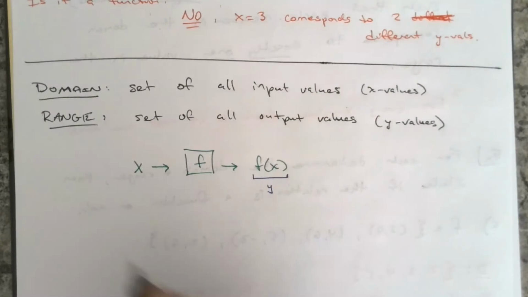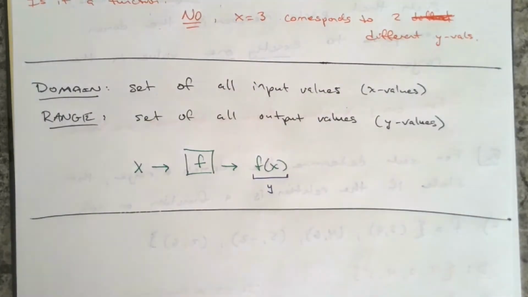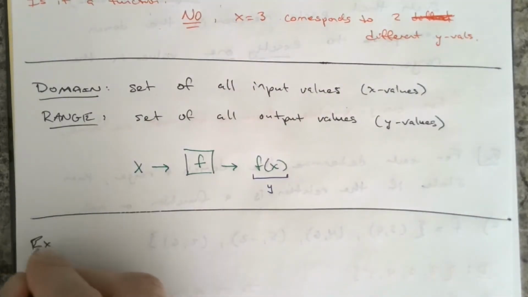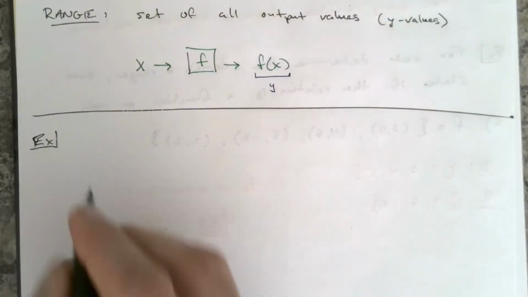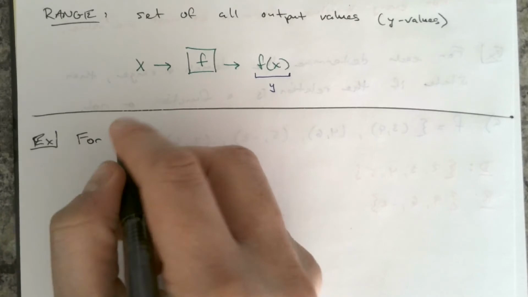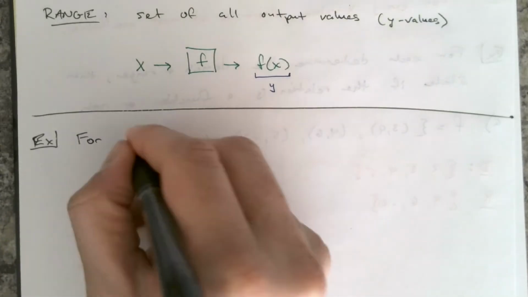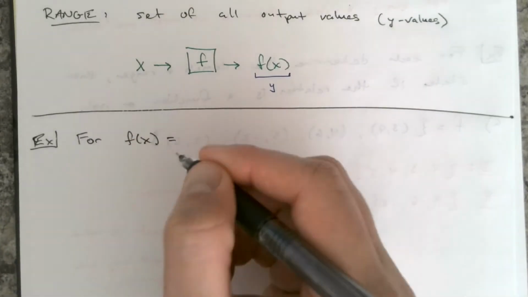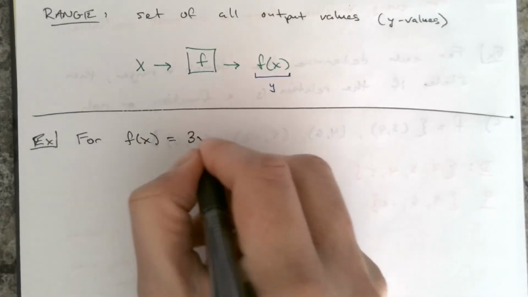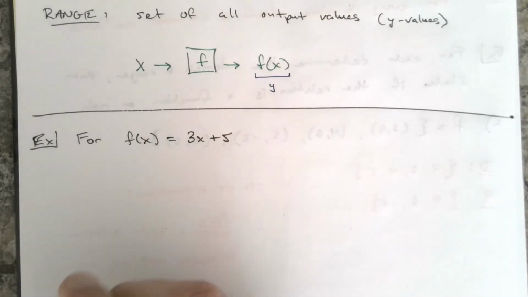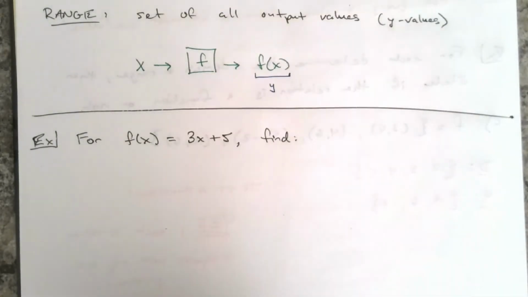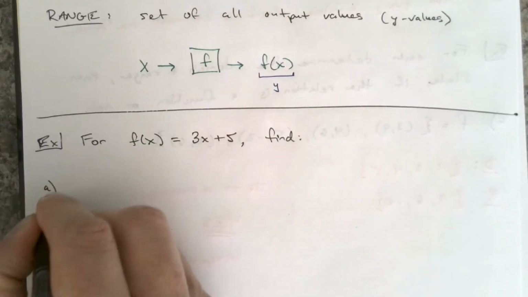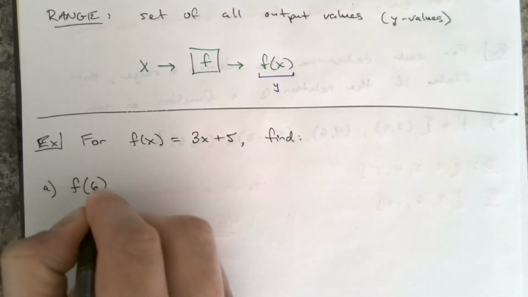So if I was taking a look here at an example that used this function notation f of x, if I said f of x equals 3x plus 5, find, and we'll do a few of these. First one I'll say is f of 6.